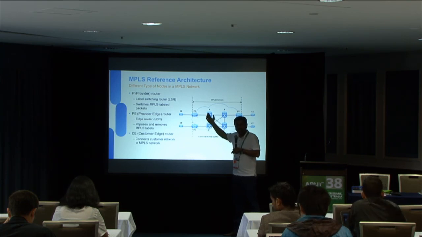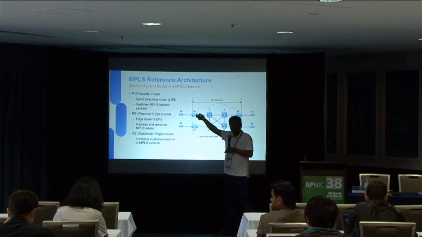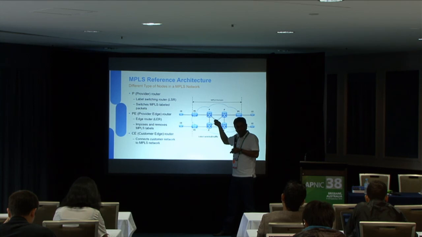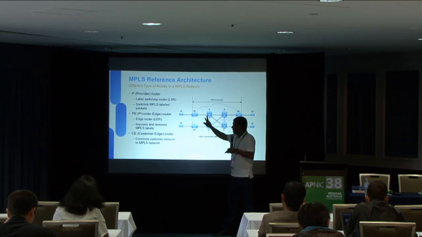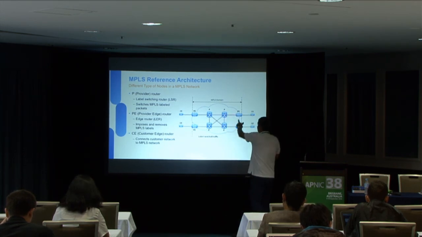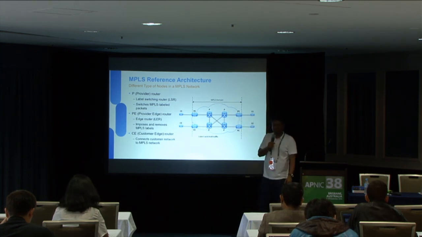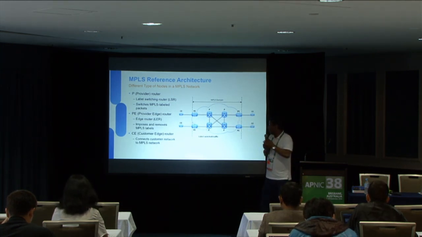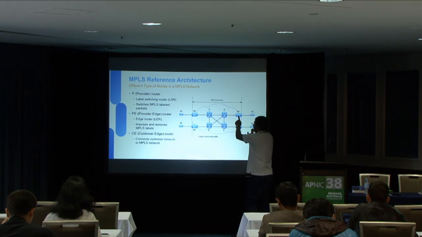They are checking the label forwarding information base: what is the incoming label and what is the outgoing label. That's how they swap the label all the way to the egress router. The egress router sends that packet to the destination without the label.